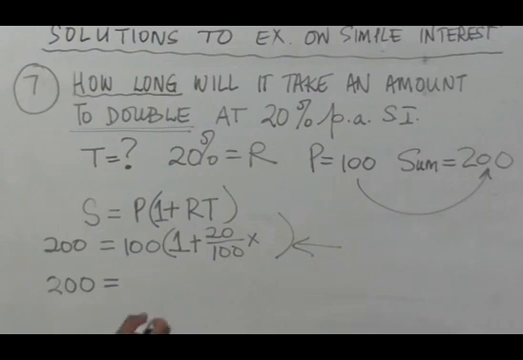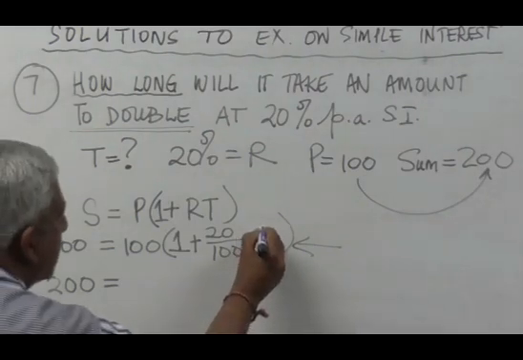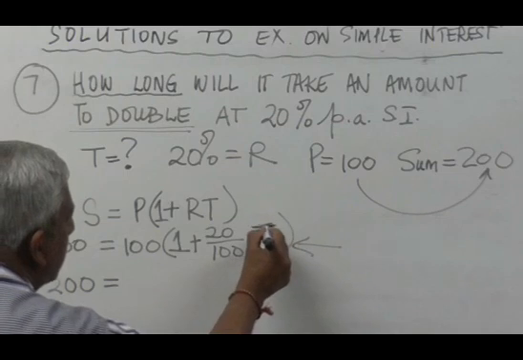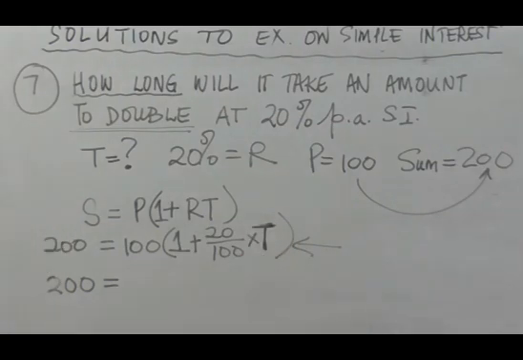Alright, sorry, let's do some correction. This is time, not rate. So we want to get rid of this 100 Rand by dividing by 100 on both sides.